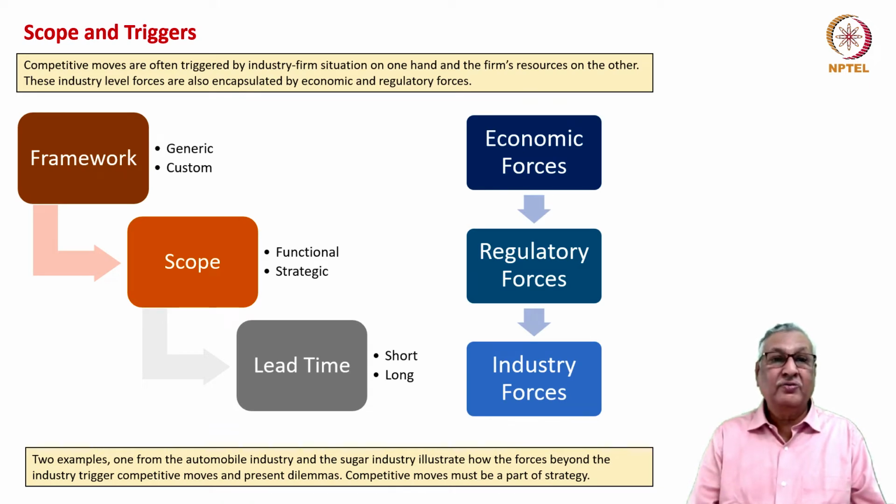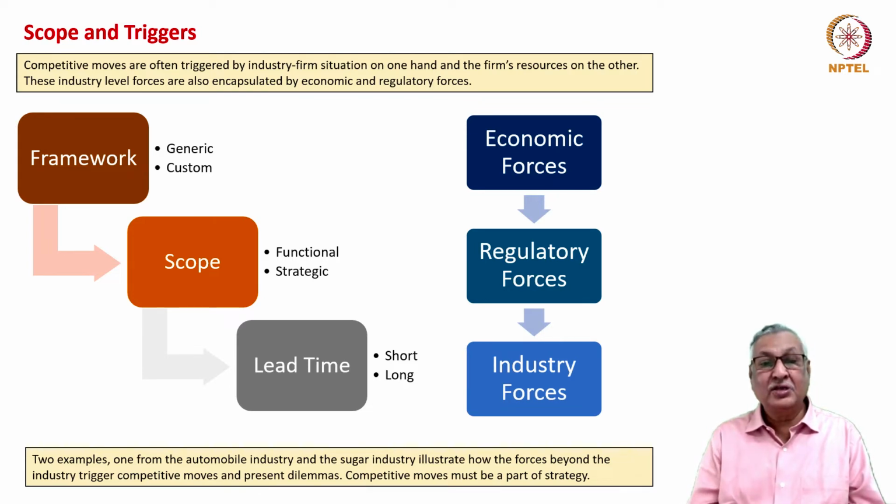The framework for triggering the competitive moves are generic custom framework. That is, whether the firm is specially impacted by the industry level and economy level forces. Are they applicable for all the players in the industry or are more applicable for the singular firm?